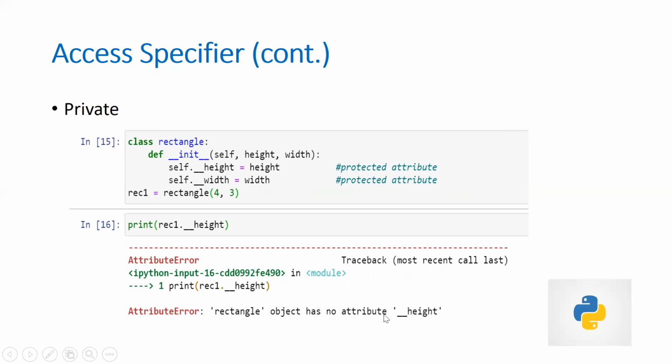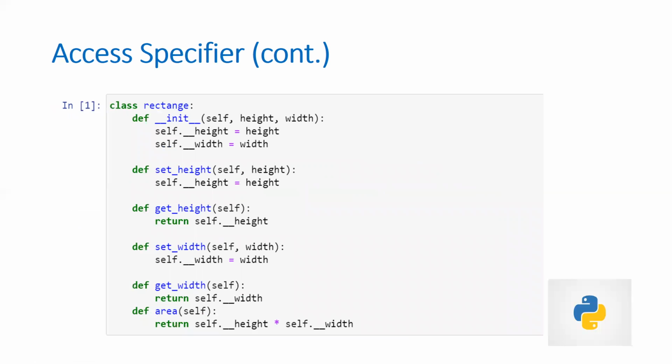There is no attribute because the statement or the object cannot access the inside information. So it produces an error.